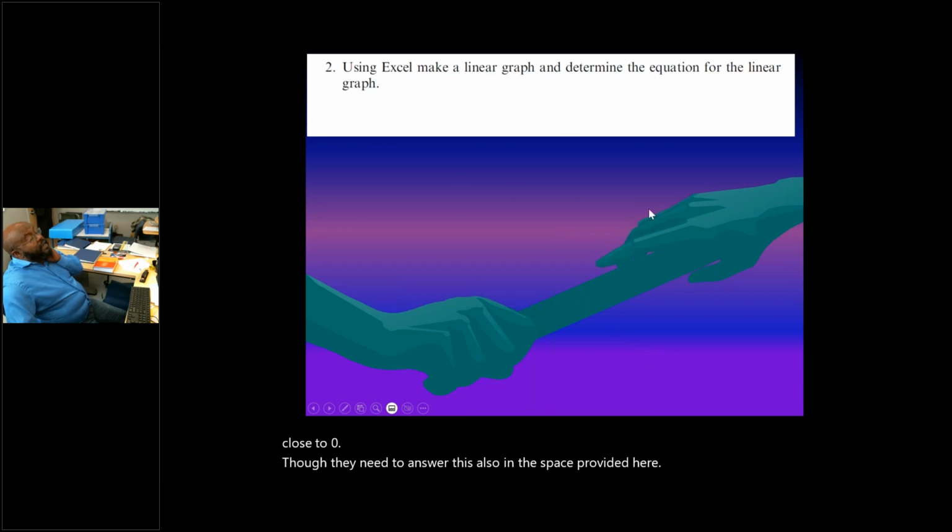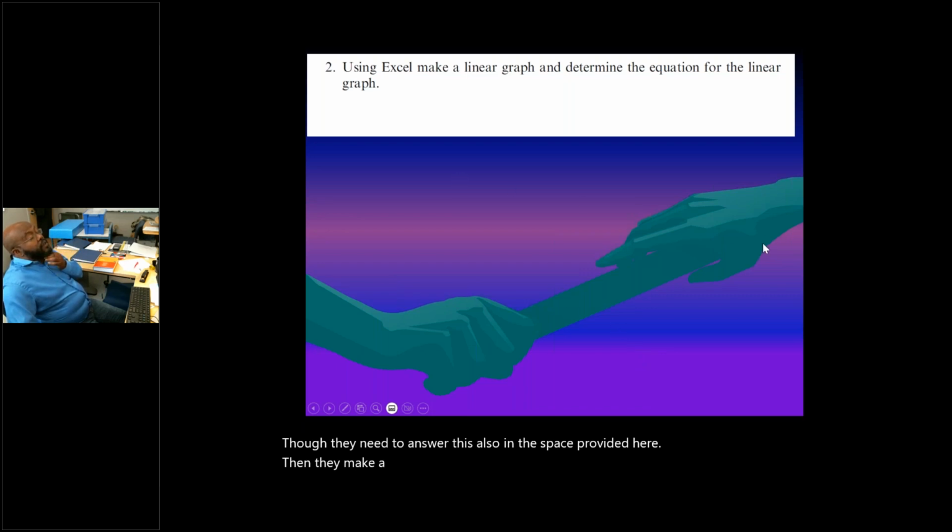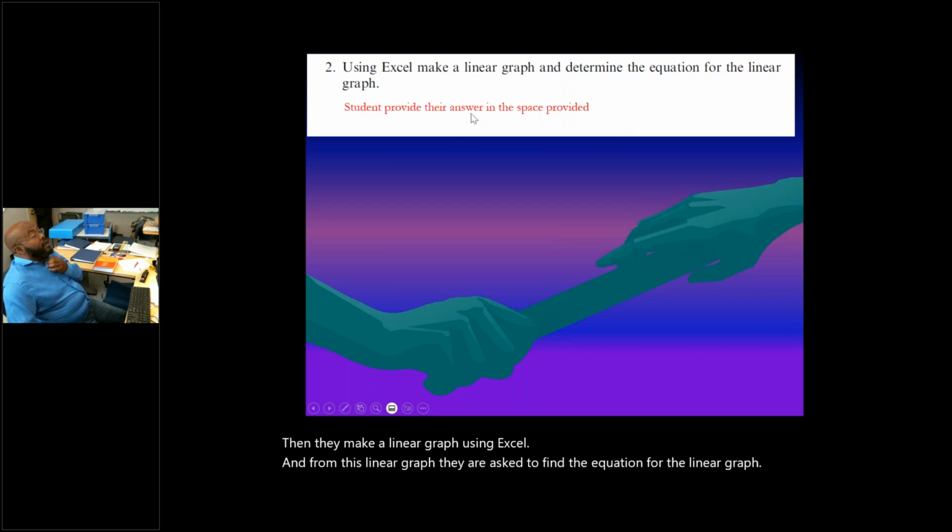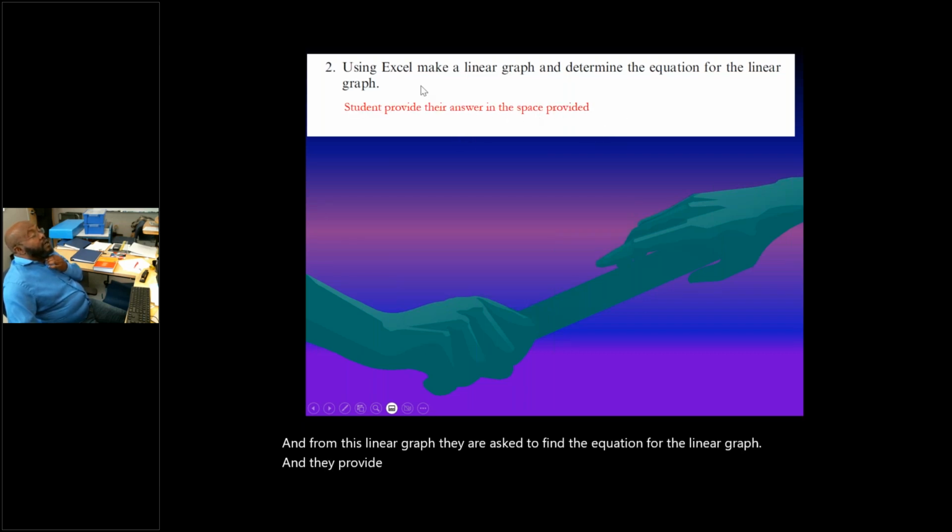Then they make a linear graph using Excel. And from this linear graph, they are asked to find the equation for the linear graph. And they provide that in the space provided.